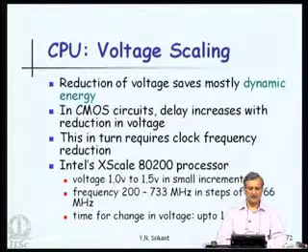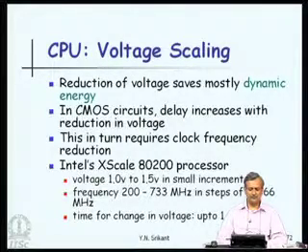So, we will be forced to reduce the clock frequency if we reduce the voltage. This in turn leads to performance degradation. So, the challenge in voltage scaling is to retain the same level of performance, but with reduced energy consumption.